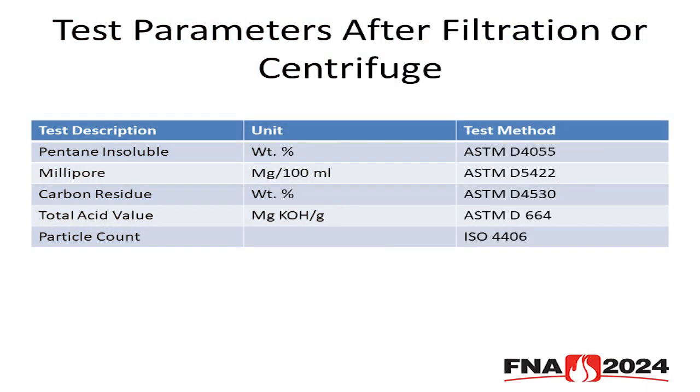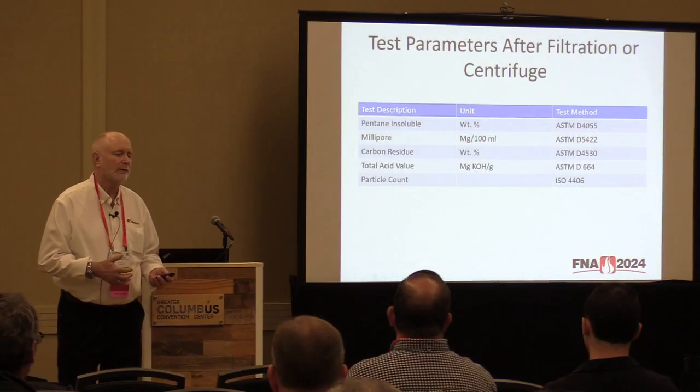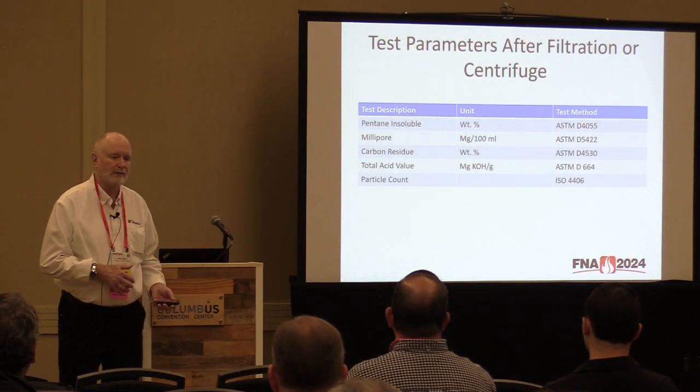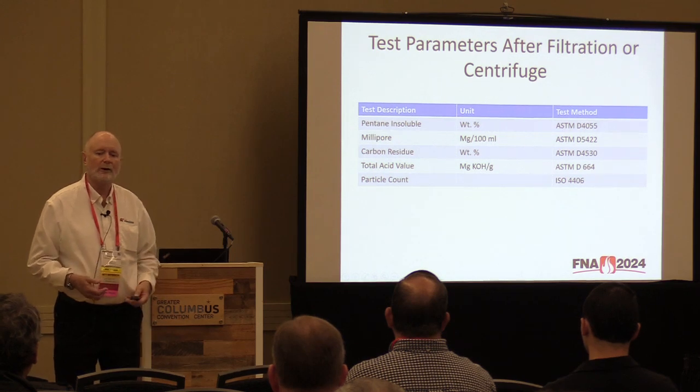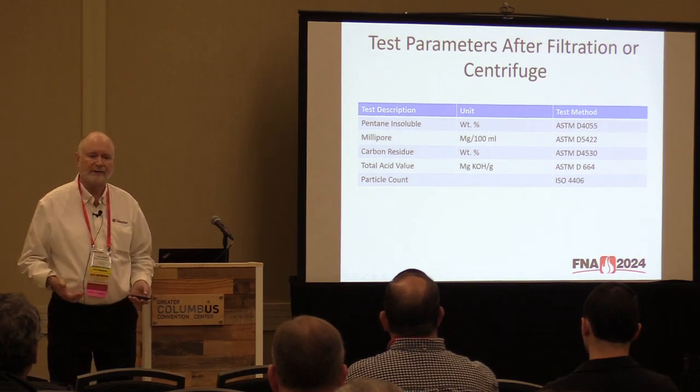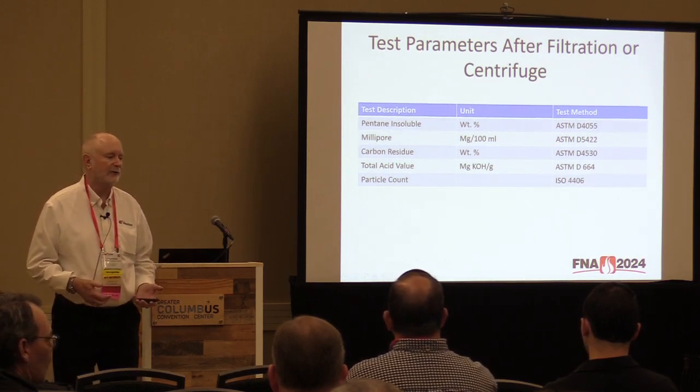Carbon residue, we ran that because it's called the Conradson carbon residue test. Not only does the Conradson carbon pick up the sludge that's in the oil, but it also picks up the amount of quench oil speed additive that's needed, and it ensures that you have enough in there.